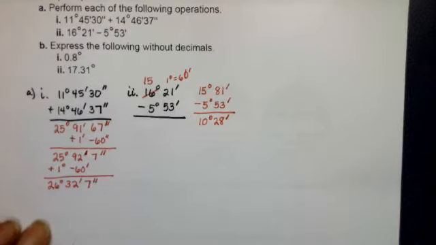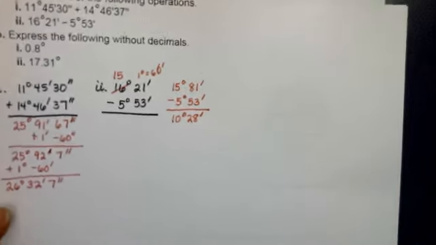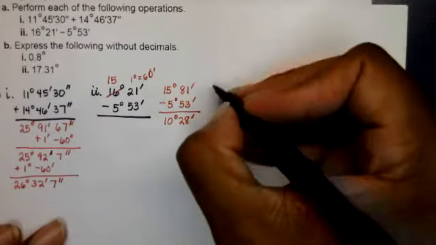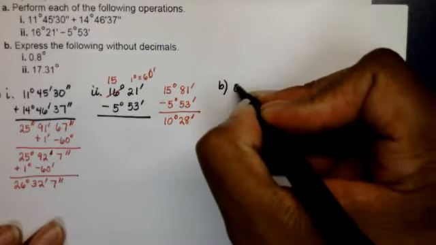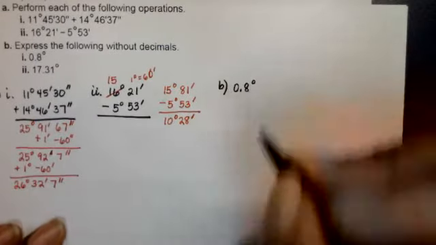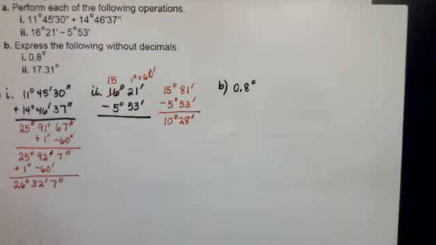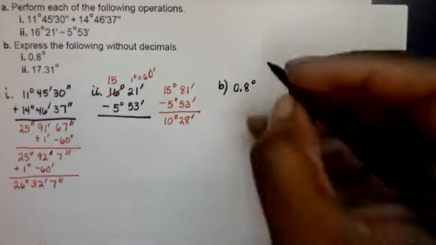All right, now part B is to express the following without decimals here. Here we got 0.8 degrees. And we're going to do this in degrees, minutes, and seconds. So here, there are 60 minutes in 1 degree.